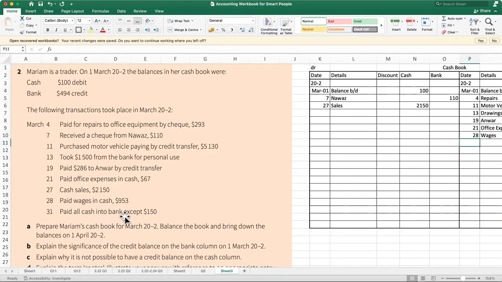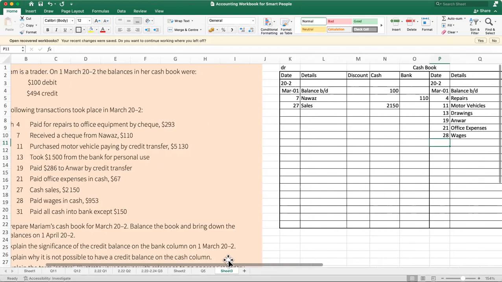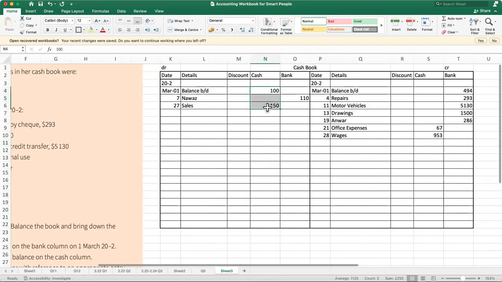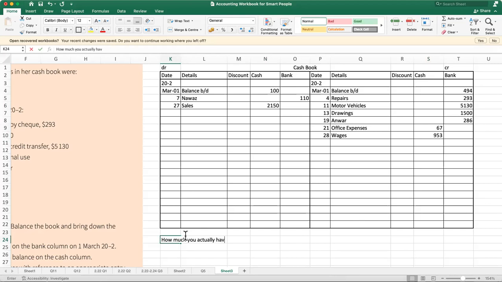Paid all cash into bank except 150. Okay, so this is a tricky question. You do not know how much money you have. You might think that, oh, let's just take the debit amount and calculate it. No, you must take the amount that you have here minus this amount. That is how much you actually have. How much you actually have is equals to 100 plus 2150 minus 67 minus 953.